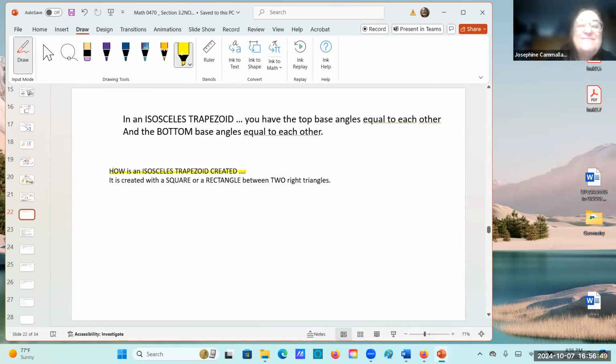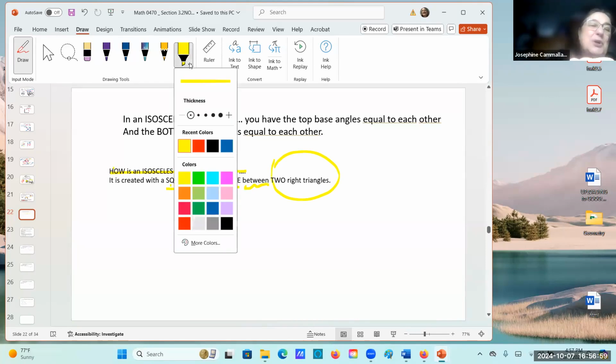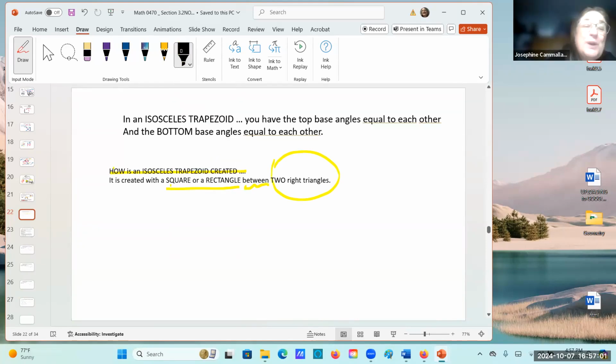How is it created? A square or a rectangle, but this time it's between. And let me show you what I mean.